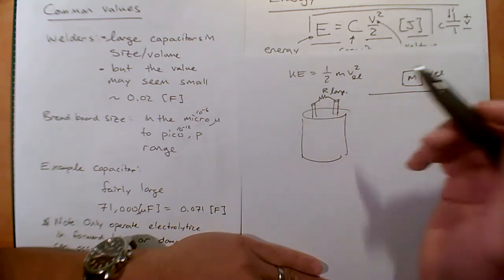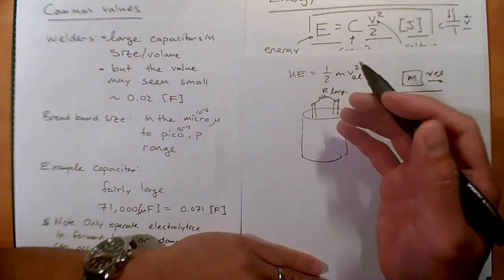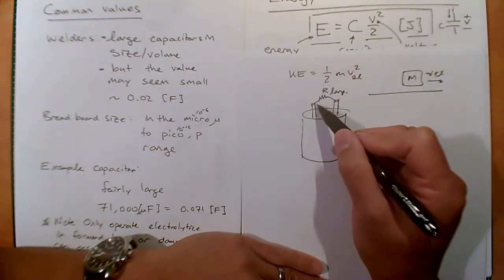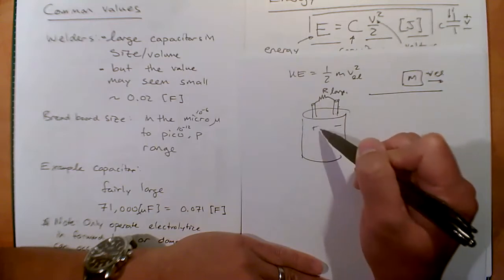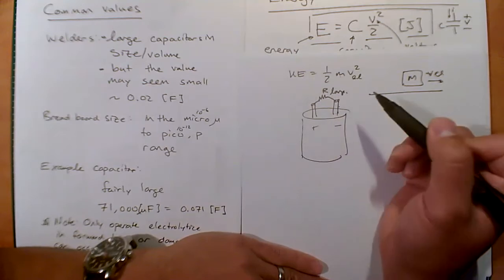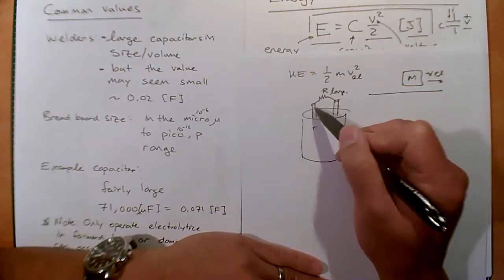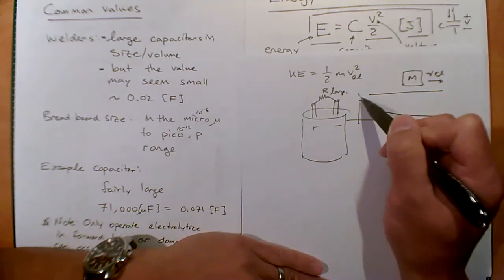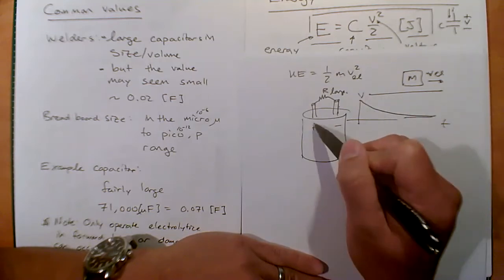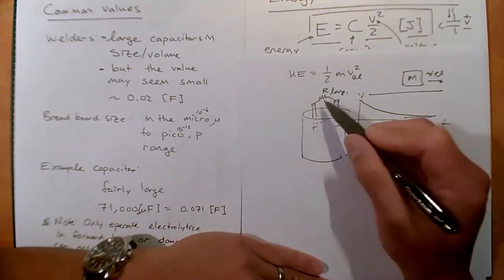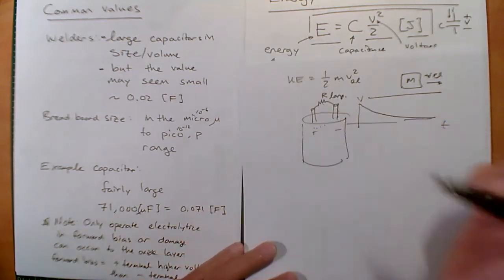But that means if you have a machine or a piece of equipment that has now turned off, this extra charge, this extra voltage will have a chance to bleed off. Now, it's not immediately safe, and you shouldn't assume that it's safe, but this is something to think about. And there's some kind of decaying time constant, which we'll talk about, for the voltage and time of this capacitor with this resistor in play. So just a note of safety.